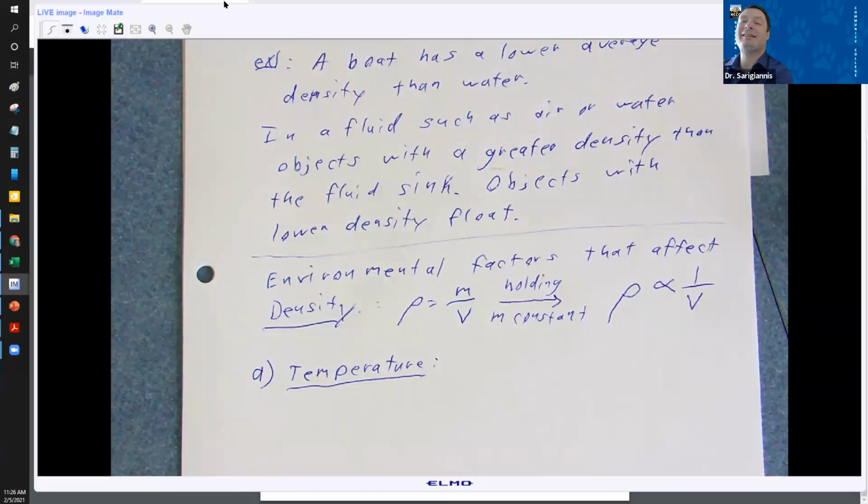So one classic example of this is railroad tracks. If you make the track itself too long, you don't leave enough room at the end for expansion.